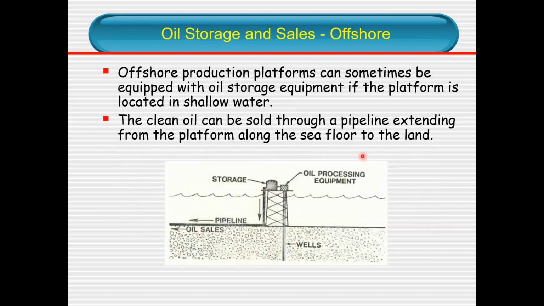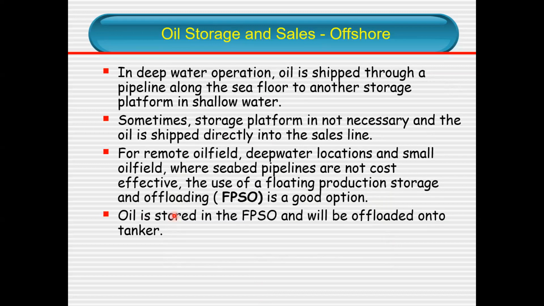The clean oil can be sold through a pipeline extending from the platform at the sea floor to the land. This is basically going to the terminal at onshore. Again, offshore, for shallow water it is fine. It's a little bit, much easier.